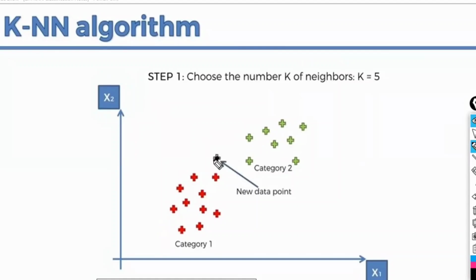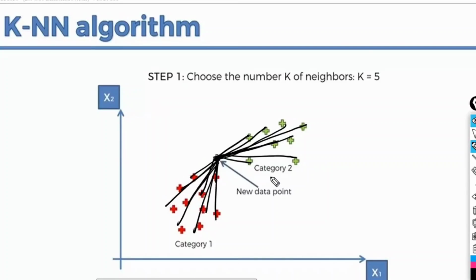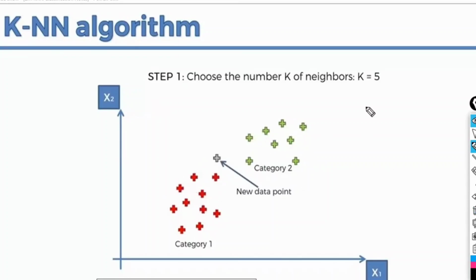For this data point, first it will calculate the distance to this record, then this record, 2, 3, 4, 5, 6, 7, 8. So 8 records are there with green, meaning 8 distances it is going to calculate. Similarly 1, 2, 3, 4, 5, 6, 7, 8, 9, 10. Total 10 records with respect to red, 8 records with green. Total 18 distances it is going to calculate.